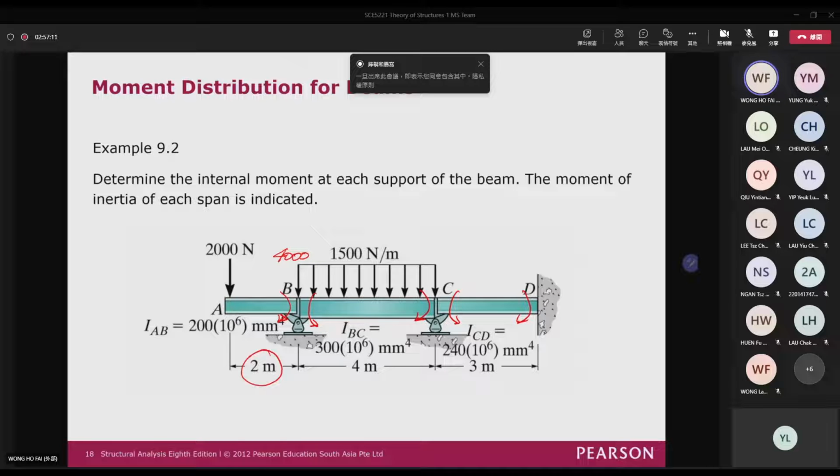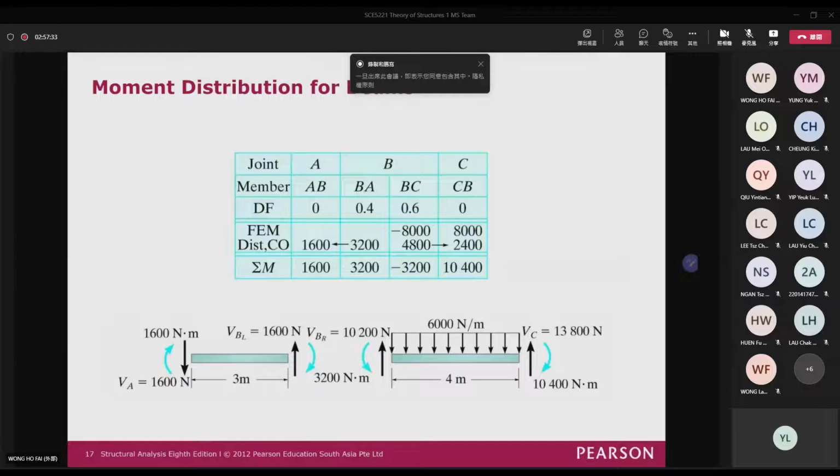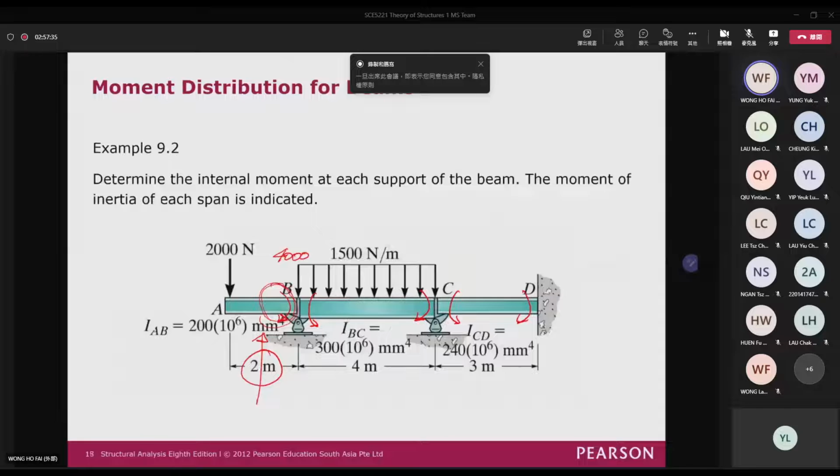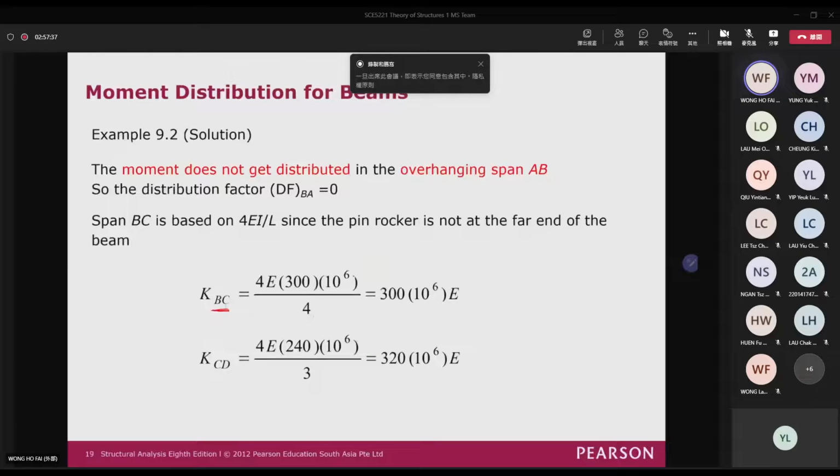And then because this is a hanger, there's no moment distributed to the member BA. So you do not need to distribute the moment to BA. You just have the moment distribution within the members BC and CD. For here, we can take a look. So we have member BC here and member CD here only.